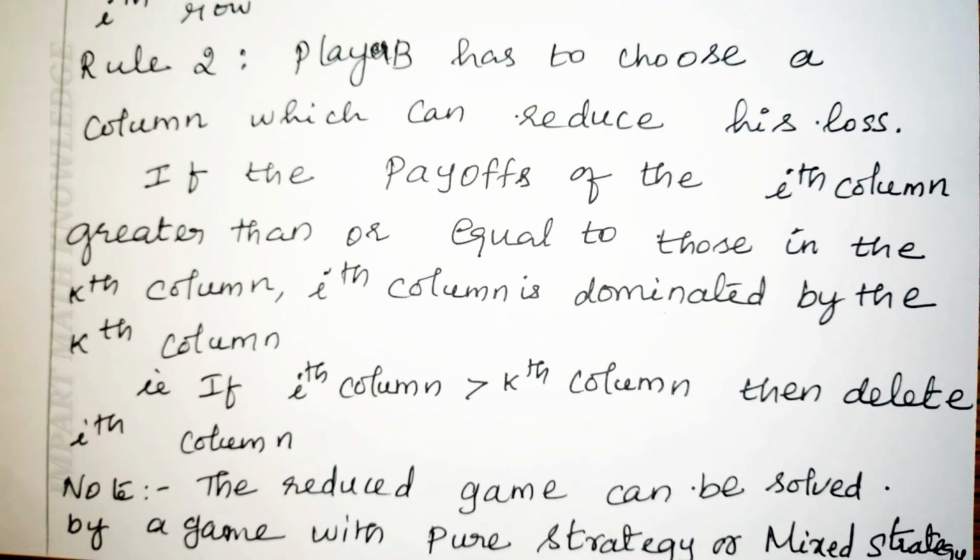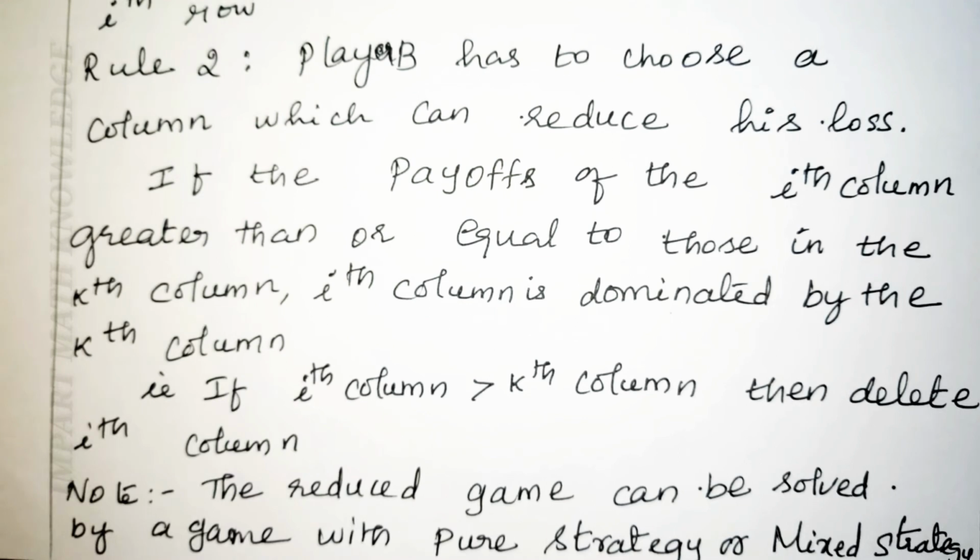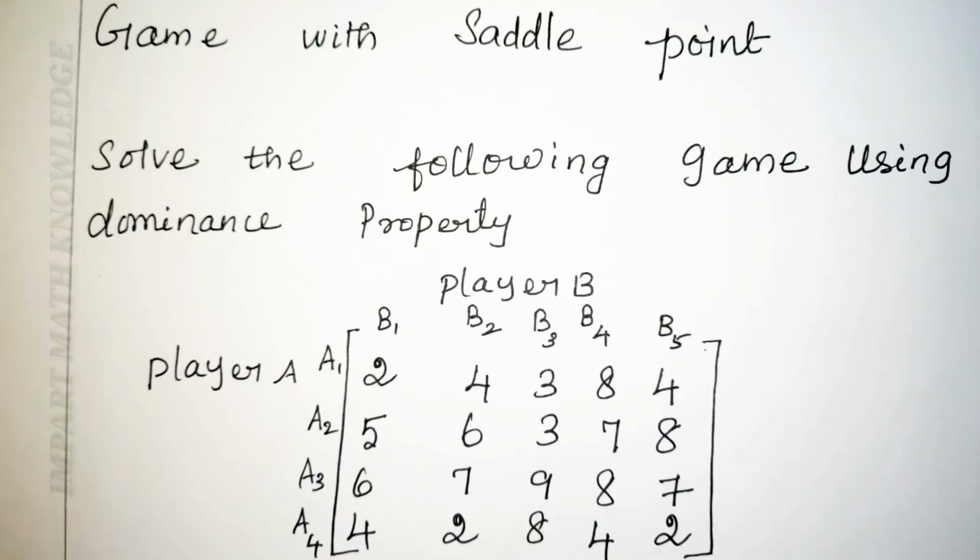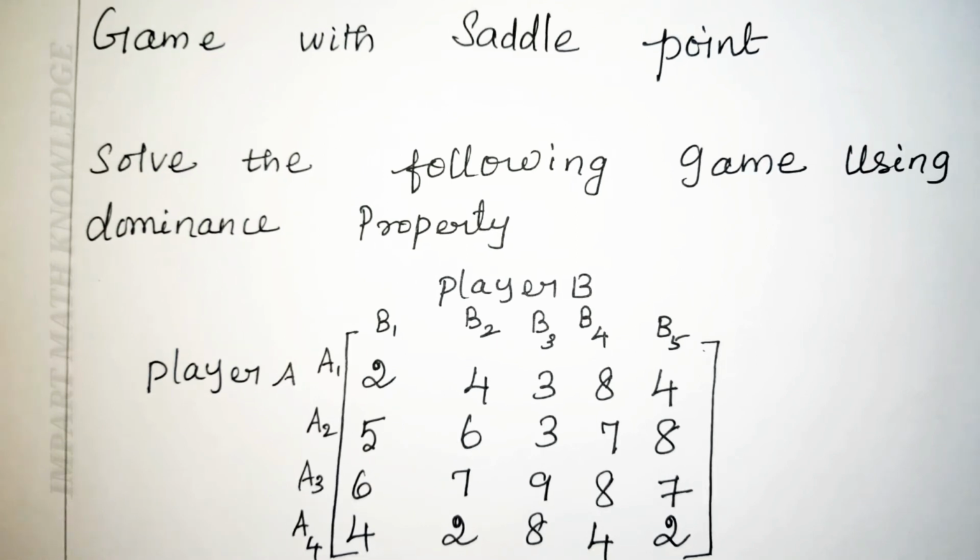After reducing the given matrix, we have to go with a pure strategy or a mixed strategy to find the value of the game. In this case, always omit lesser row, greater column. I am going to explain dominance property with a simple problem. Here we are discussing a pure strategy problem.